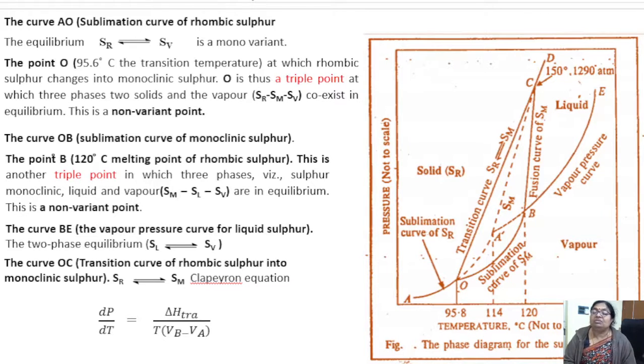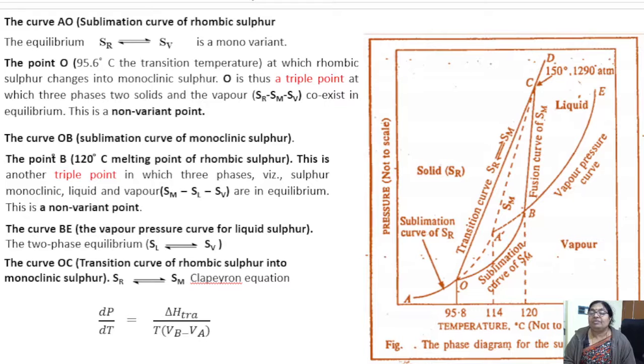This transition or equilibrium from one form to another can easily be identified using the Clausius-Clapeyron equation, with the change in pressure with respect to the change in temperature equal to the enthalpy, whether for a sublimation curve or a transition.